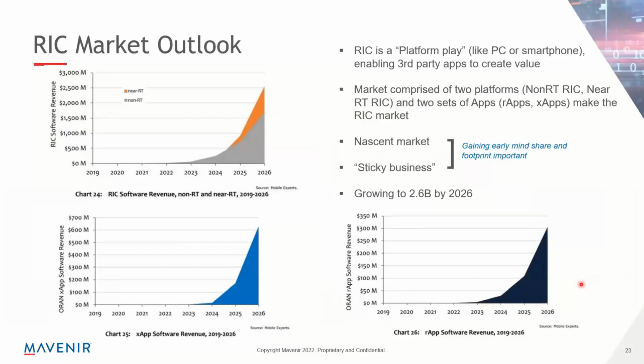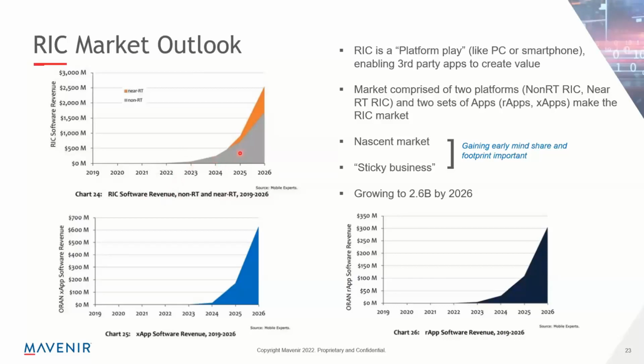This is one other analysis from Mobile Experts. Here they talk about how big the RIC industry would look. You can see it's a prediction towards 2026. The first graph shows the RIC software revenue divided between non-real-time and near real-time. This is the combination of xApp and rApp software revenues when it comes to software selling.